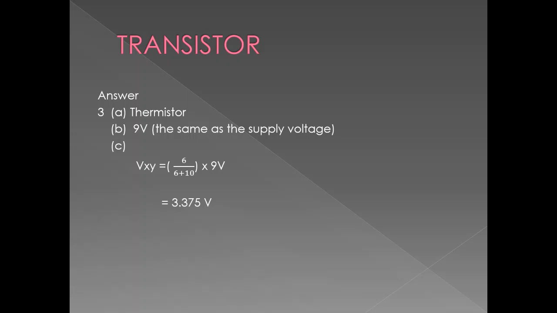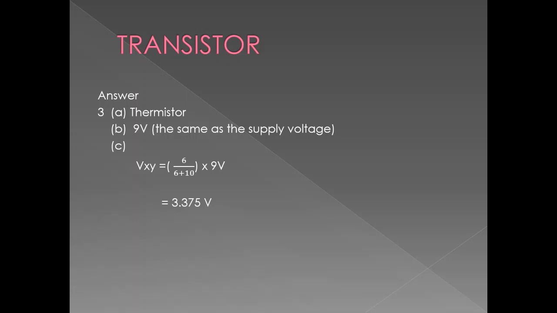So in order to answer question C, you use the formula for the potential divider, which is the ratio. Okay, what is the potential across XY? We know that the total voltage is 9 volt.